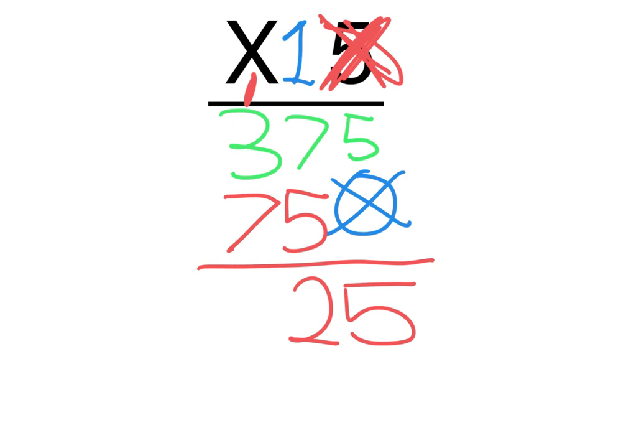Then 1 plus 3 equals 4. Then 4 plus 7 equals 11. So then you put the 1s right there, and your answer is 1,125.